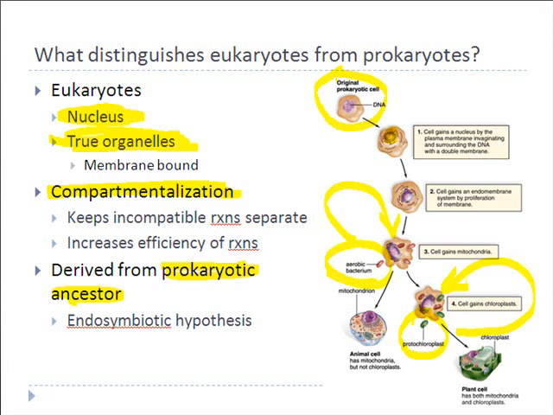Some good evidence that supports this hypothesis is that both mitochondria and chloroplasts have their own separate DNA, and they have an ability to replicate, and we don't see that with other types of organelles. This hypothesis that we took in smaller cells into the larger cell and those smaller cells became organelles is called the endosymbiotic hypothesis.